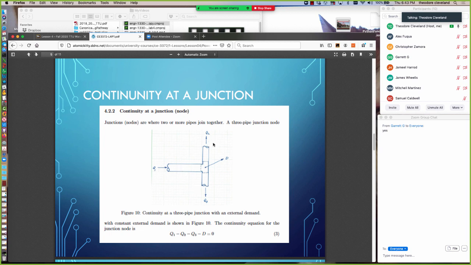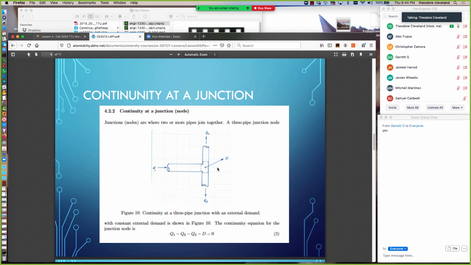This upper portion has discharge Q2 leaving the junction. The lower portion here has discharge Q3 leaving the junction. And there is this other discharge leaving that I've labeled D for demand, also leaving the junction. The demand represents water that leaves the pipeline network and goes to customers. And that's the normal convention. By convention, demand is considered positive leaving a junction.